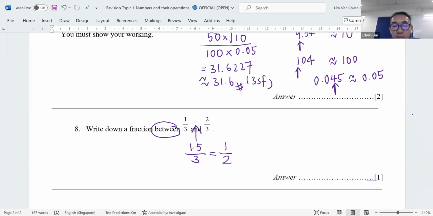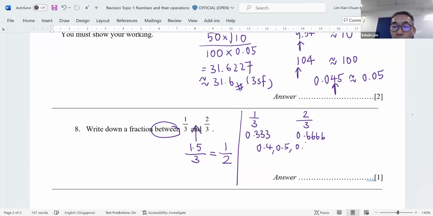I show you another way of doing this. 1/3 is actually 0.333 and 2/3 is actually 0.6666. So I just need a number that is between 0.333 and 0.666. The number can be 0.4, 0.5, 0.6.